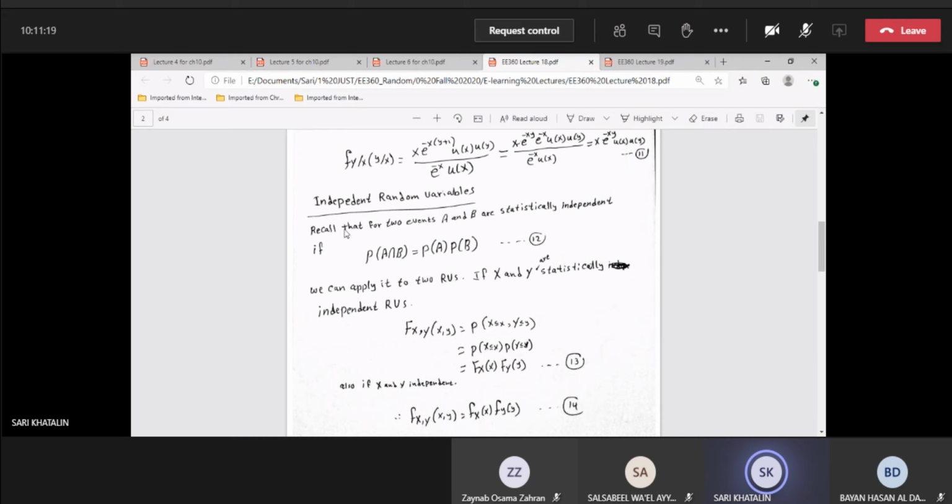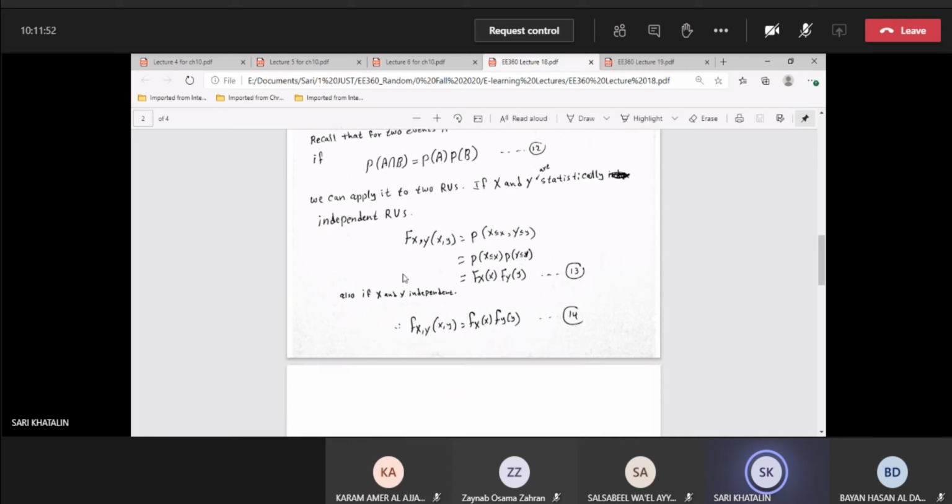Similarly, as far as independence, if you recall, we said if we have two events that are statistically independent, then the probability of the intersection of events A and B is equal to the probability of A times the probability of B. If this condition is satisfied, it means A and B are independent.